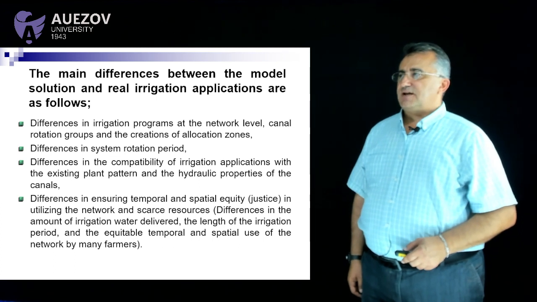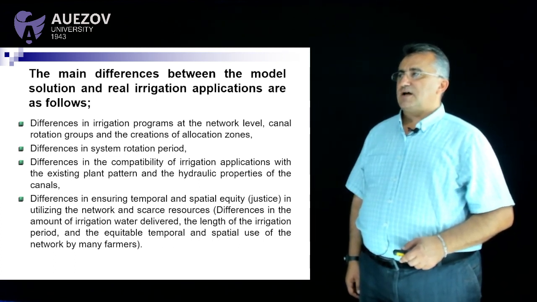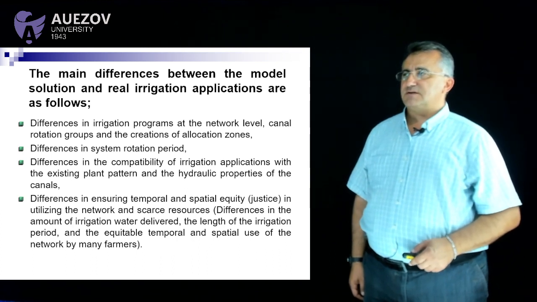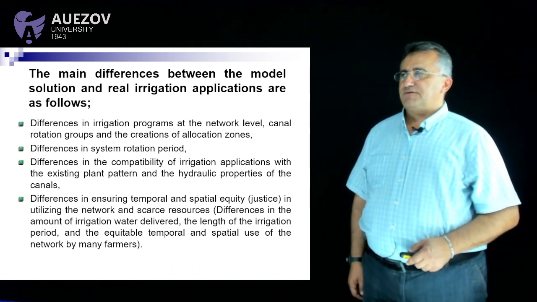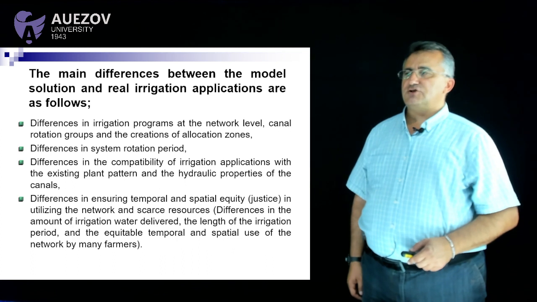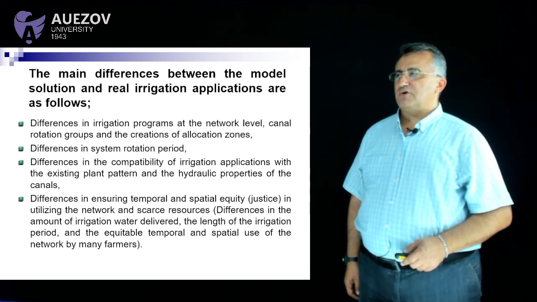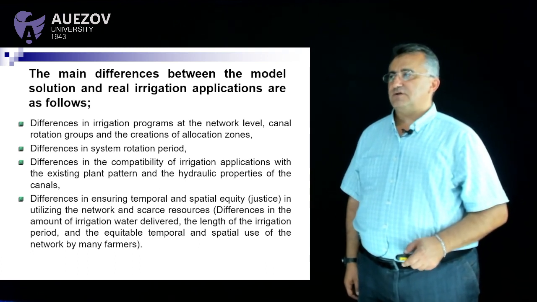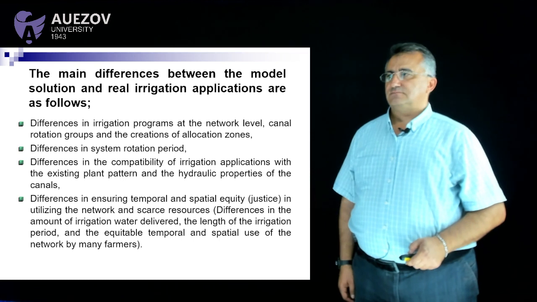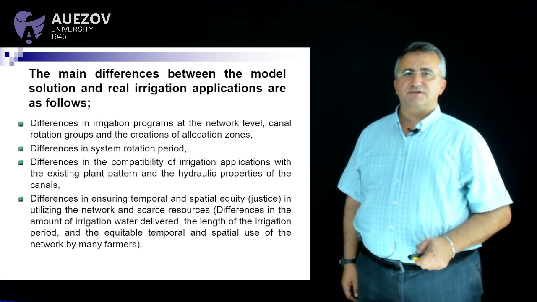Differences in ensuring temporal and spatial acuity in utilizing the network and scarce resources. Differences in the amount of irrigation water delivered, the length of the irrigation period, and the equitable temporal and spatial use of the network by many farmers.